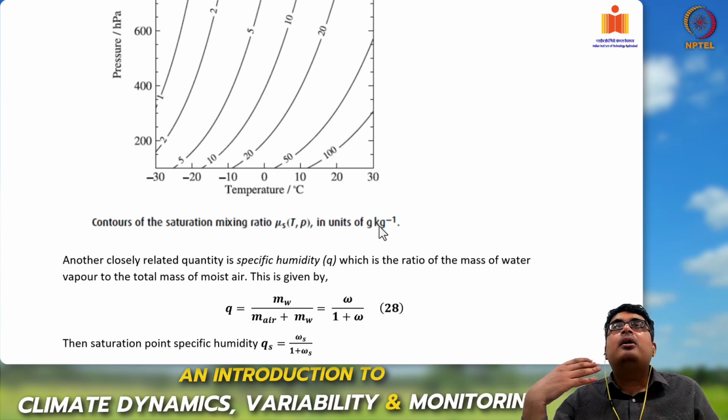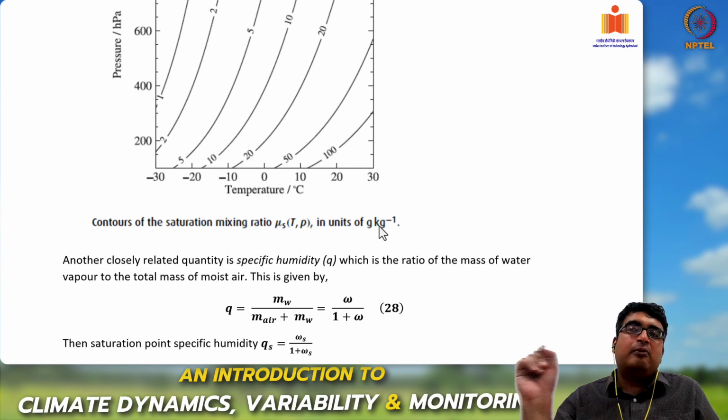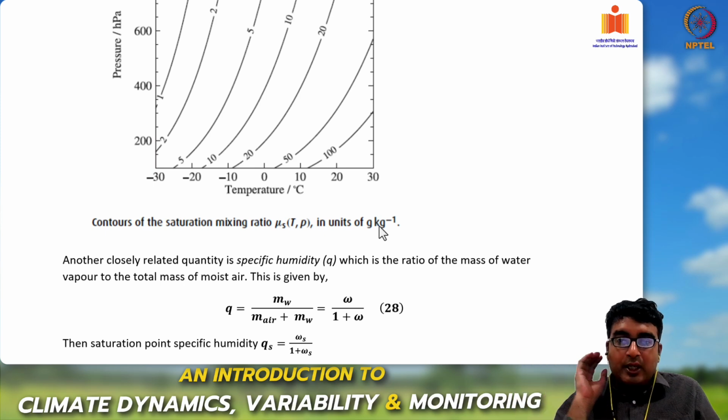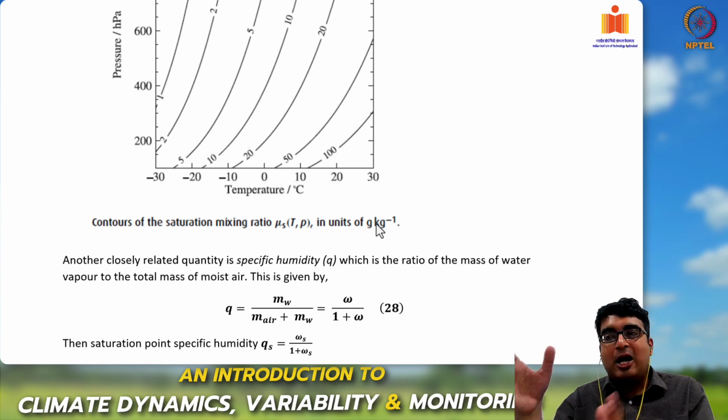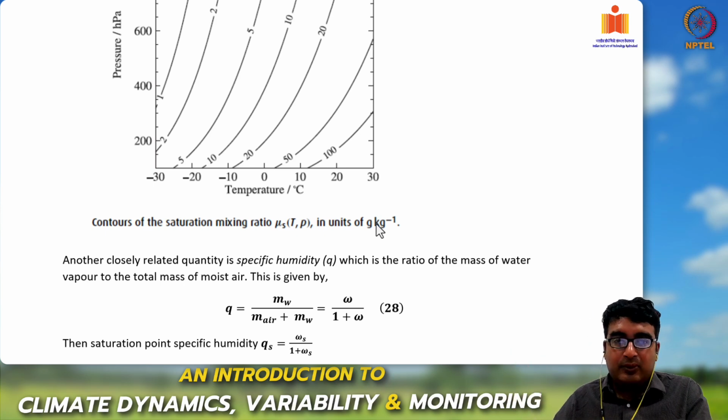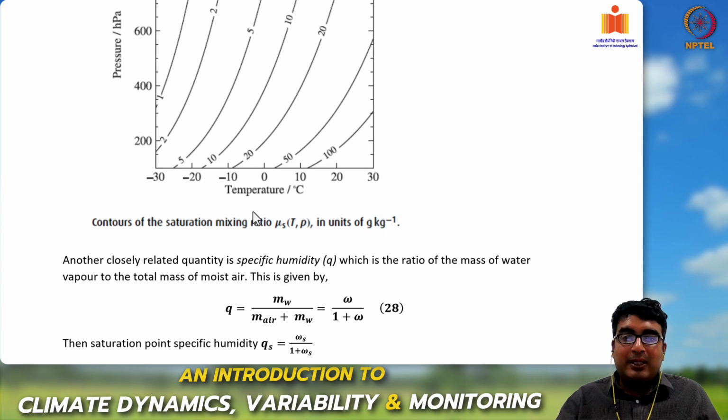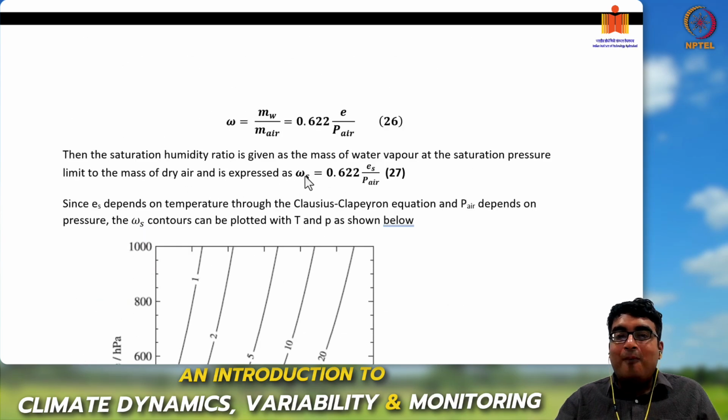So remember, there is a very little amount of water vapor present in dry air usually. So the proper units is expressed in grams, how many grams of water vapor present in how many kgs of dry air. Okay. So that is the unit, grams per kg. Here it's written as mu s because it's from a different textbook. Here we will use the omega S term.